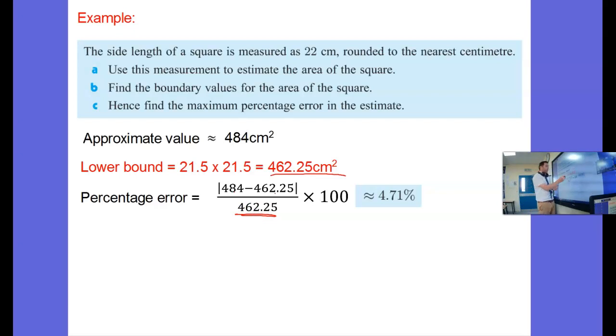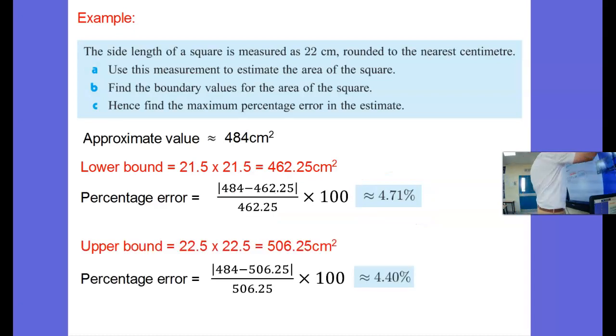We're going to assume this is the exact value and see what would happen if it was. So we subtract, work that out, and divide it by our minimum exact value. If the square had those minimum side lengths, the percentage error would be 4.71%.